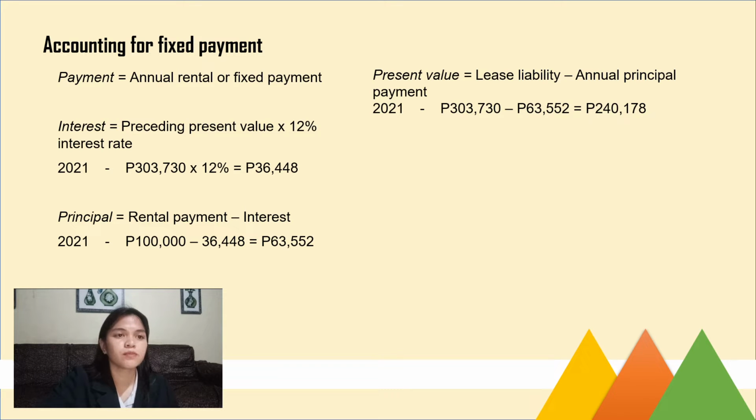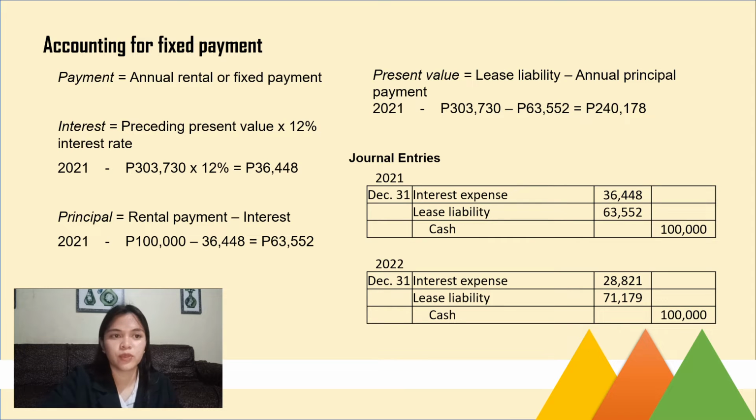Then para naman sa journal entries for 2021, sa December 31, 2021, we debit interest expense of 36,448, debit lease liability amounting to 63,552, and credit cash by 100,000.